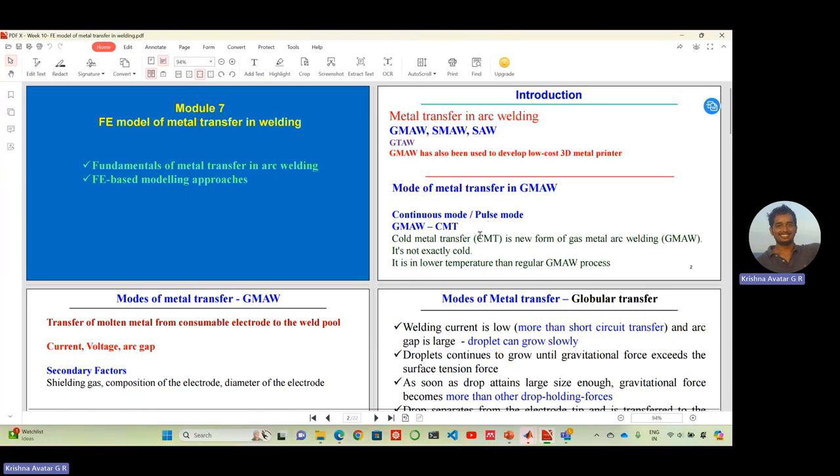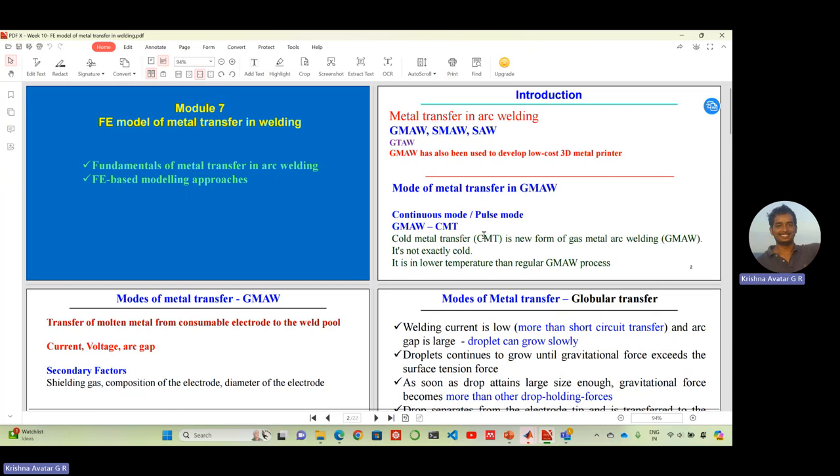One is the continuous mode, and the other is the pulse mode. In continuous mode, the metal transfer takes place continuously, as is evident from its name.